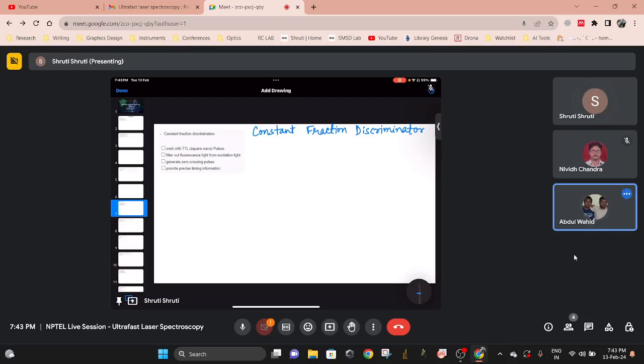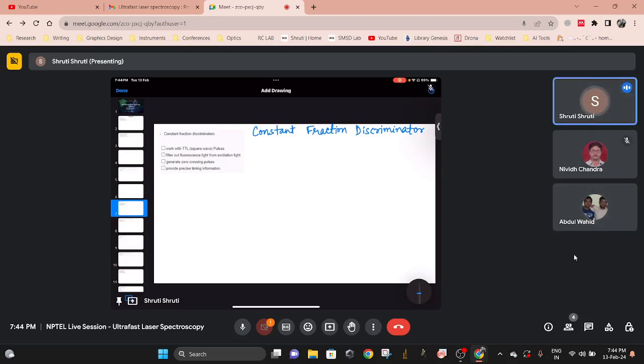So this is very useful to get that precise timing, delta t. So this is required for the precision time measurement of that particular species, the lifetime related. Yes, whatever you said was correct only.